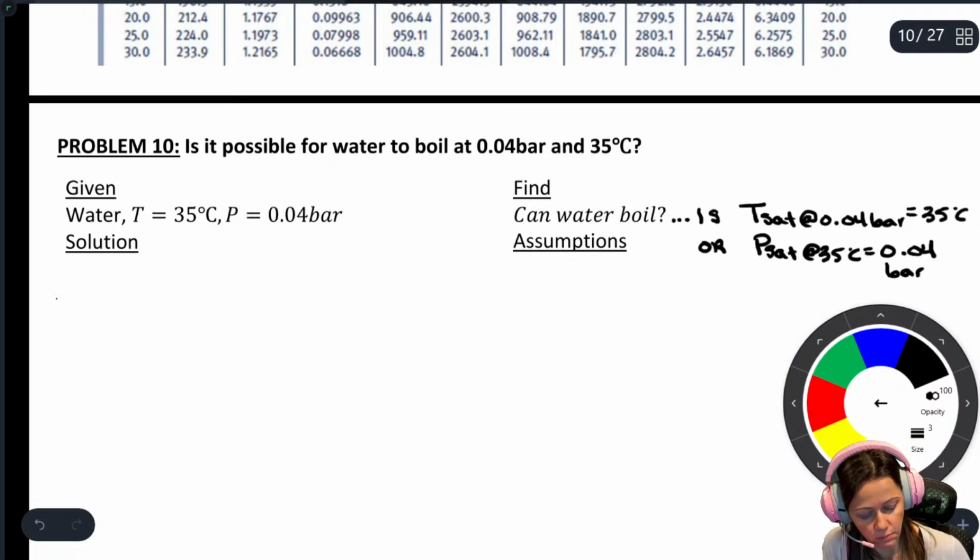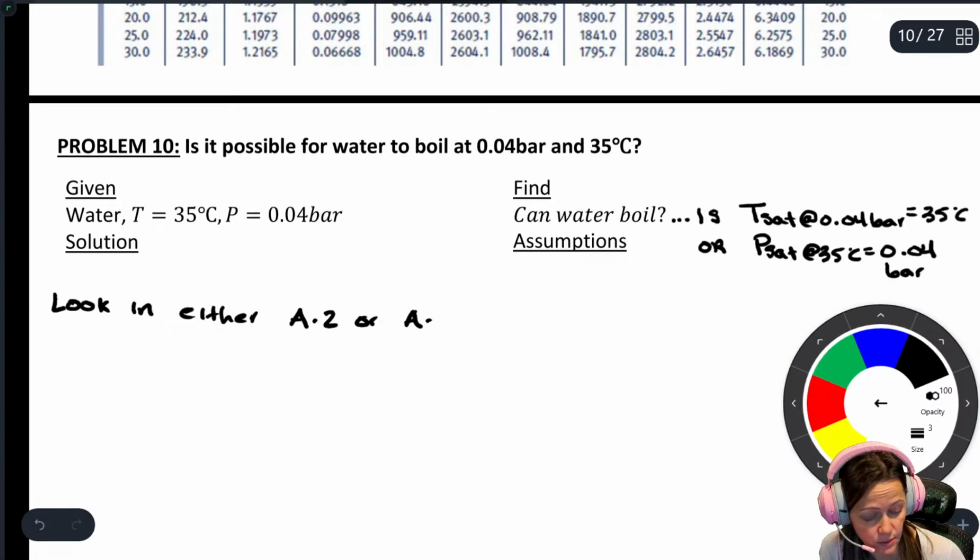And you can look in either A2 or A3. It doesn't really matter.